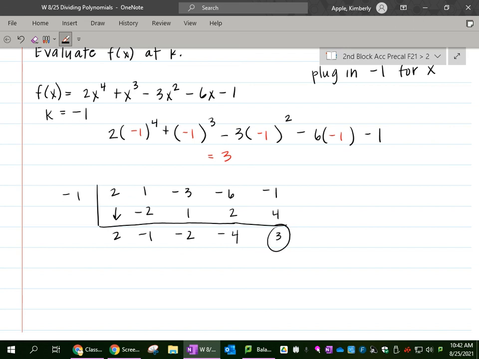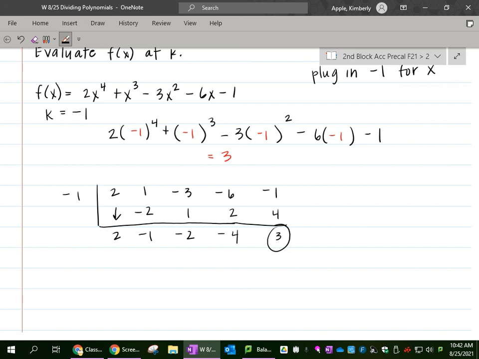So if we're really dividing with the synthetic method, the sign will change. But if I'm asking you to evaluate a function at a particular value, the sign does not change. But the process itself is the same. You just have to know that the remainder is the value of your function.